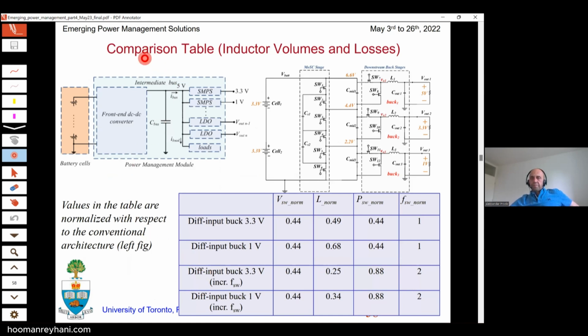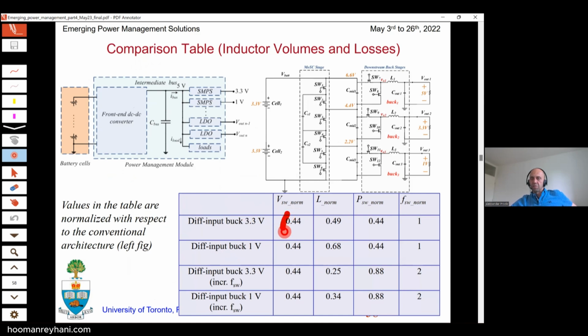So now, if you compare that with the conventional structure, we can look at the normalized values of the inductance value needed and also the switching losses. The first diagram shows a reduction in the voltage swing compared to the nominal case, when the voltage would be going between 0 and 5 volts.